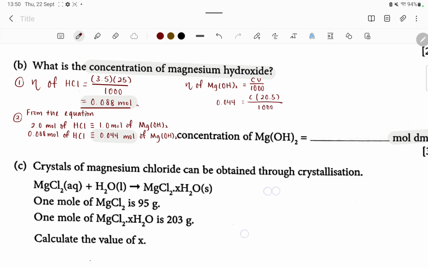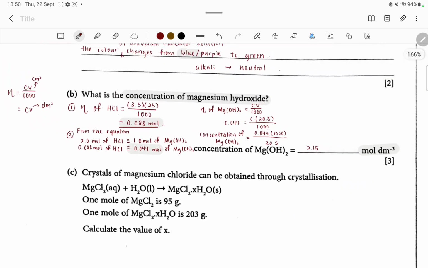Okay, concentration, move everything to the other side lor. So 0.044 multiplied by 1000 divide by 20.5. Press calculator, you should get 2.15 mole per dm cube as your final answer. So this is how you get your 3 marks, but all your working must be here lah.